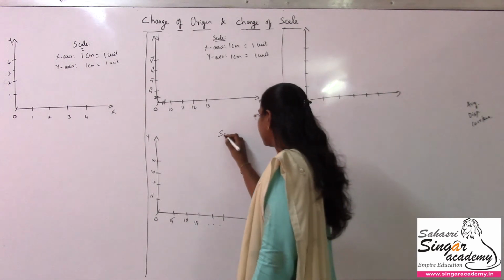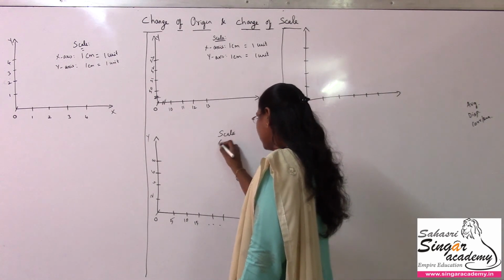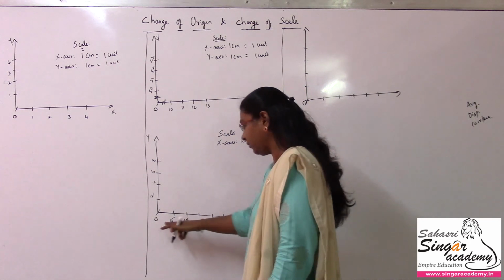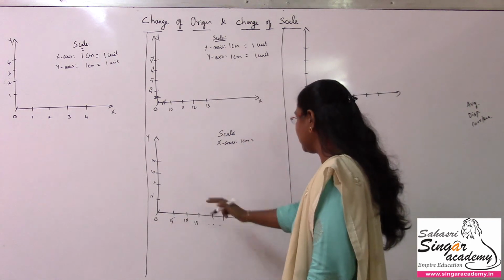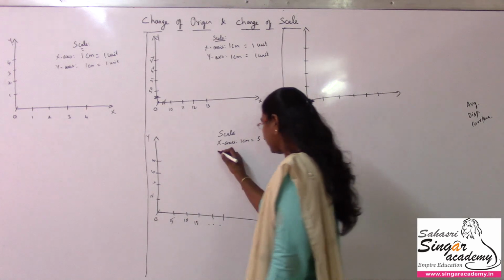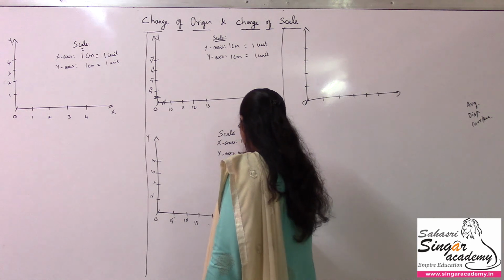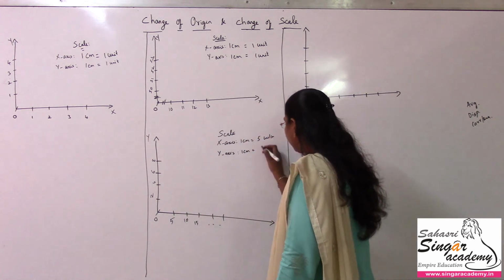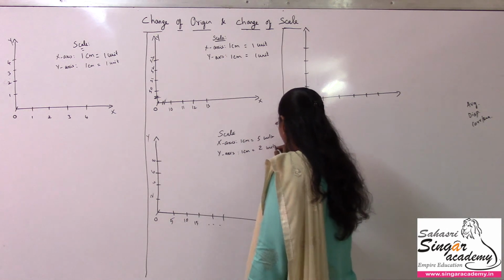And let me have the scale here with respect to x-axis, and we find that 1 centimeter is equal to 5 units. 5, 10, 15 multiples of 5 are so 5 units. Is it okay? With respect to y-axis, I write here 1 centimeter is equal to 2, 4, 6, 8, which means 2 units. Is it okay?